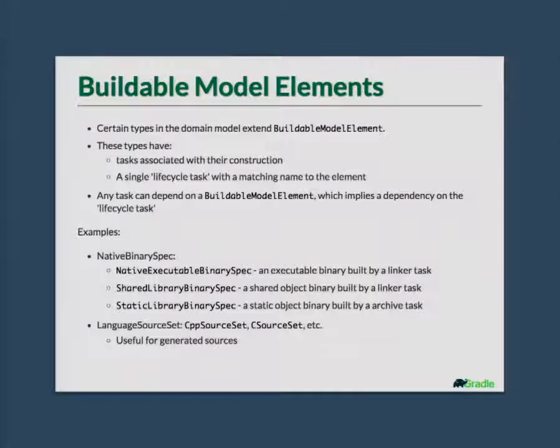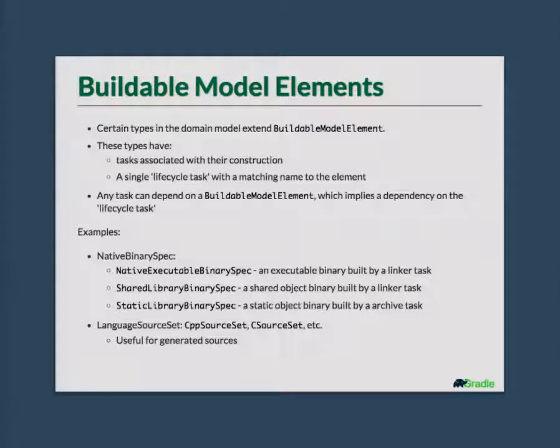So a lot of our pieces in the model are these buildable model elements. They're basically things that have tasks associated with them, so that if you were to depend on that task, you would then know when whatever it is has been created.